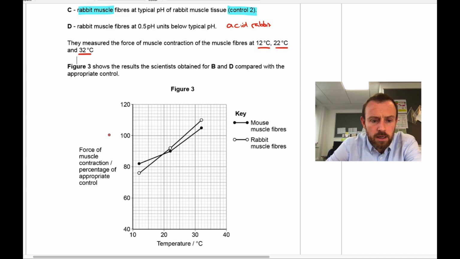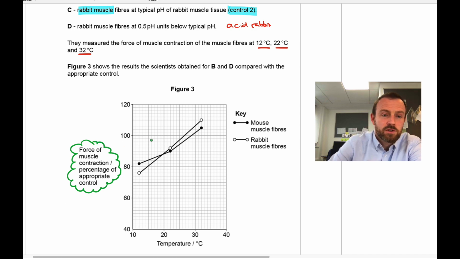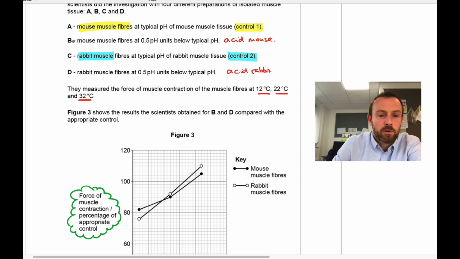What does that mean? Ah, I see. So if we look at this axis here, force of muscle contraction is given as the percentage of the control. So for example, the acid mouse, mouse muscle fibers here, B, starts out at, what's that, 4, 6, 8, 10, yeah. So that's 82.